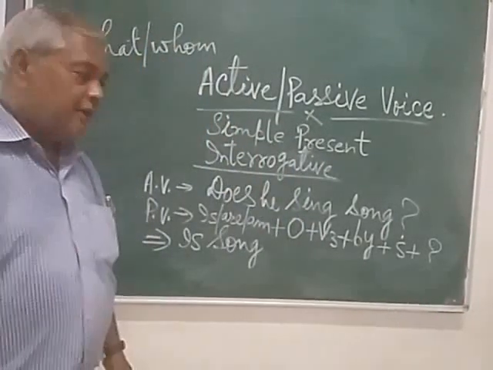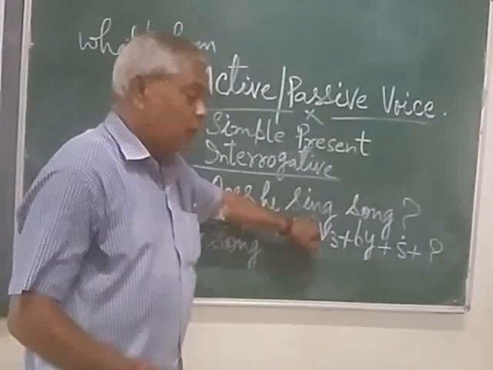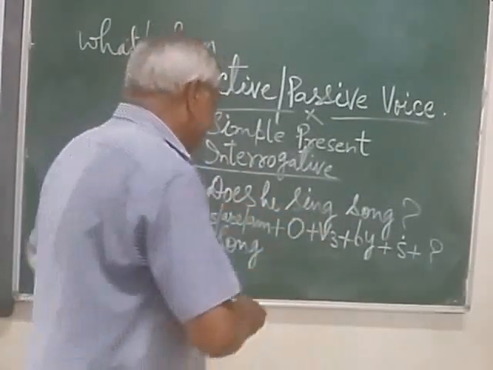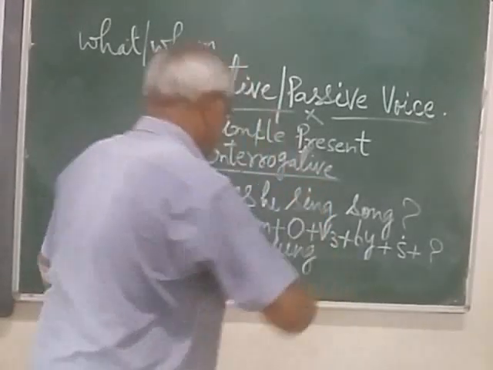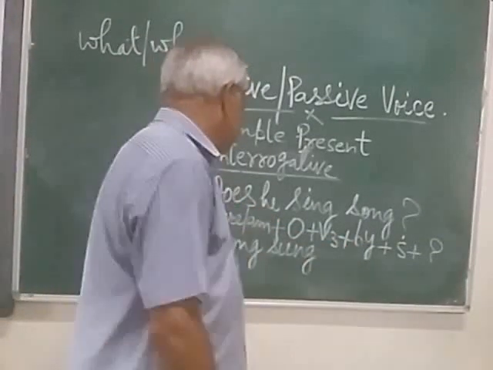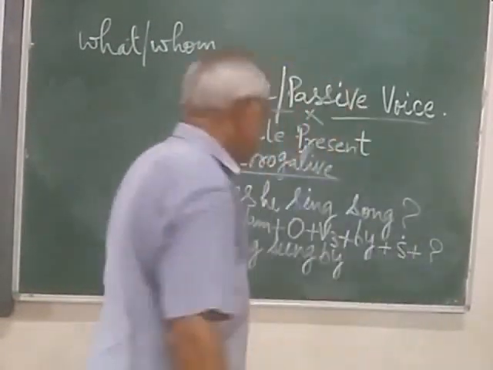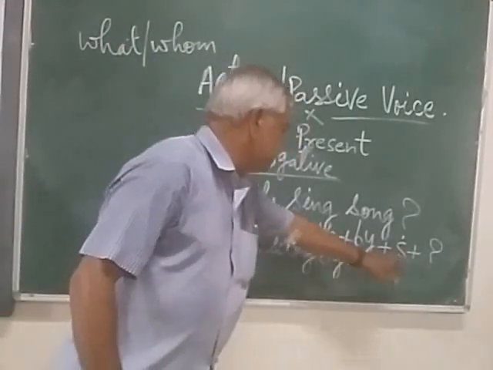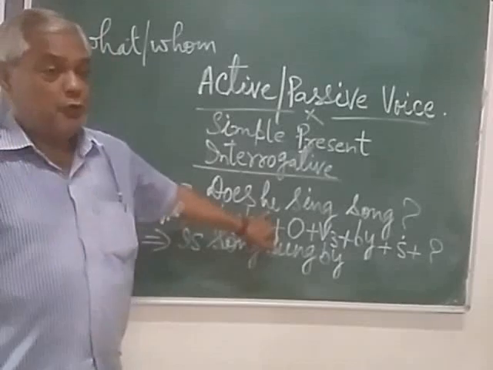And after that V3. So this is V1, what will be the V3 of it? Sung. And then after that, by. After by, it is the subject; the subject here, he, will change into him.